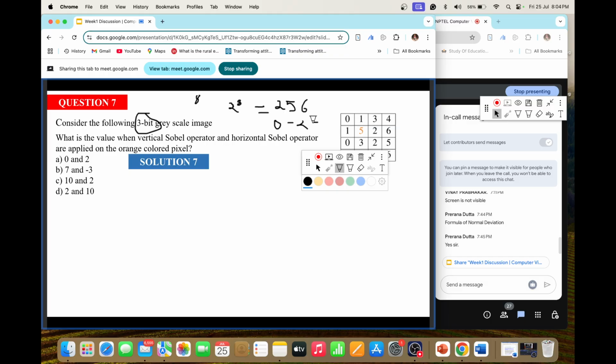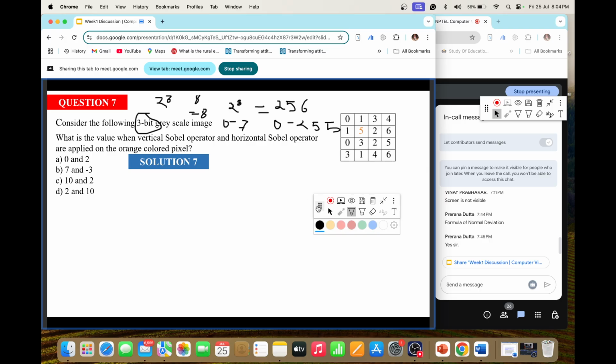That is how our image is represented, but here they are representing the image with 3-bit, not 8-bit or 1 byte, so that will be 2 to the power 3, which is 8, that means 0 to 7, so your pixel value will be between 0 to 7.